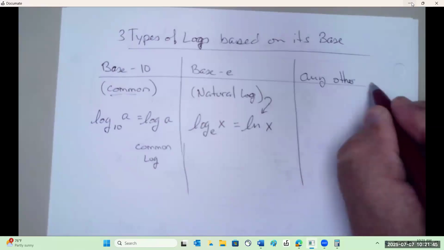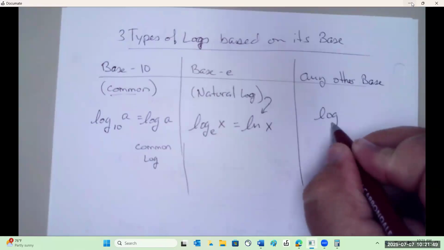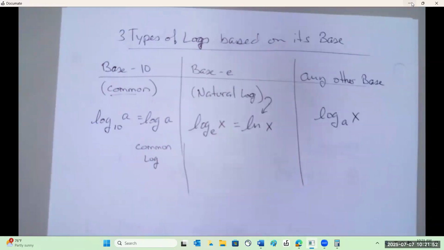Any other base has to be written down that way. So far, so good?